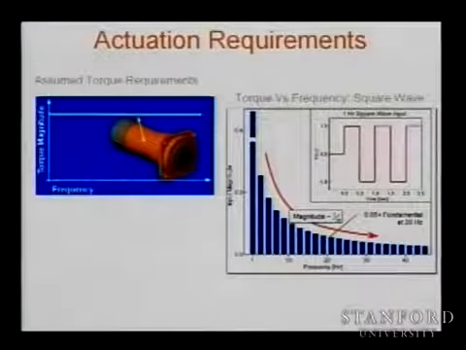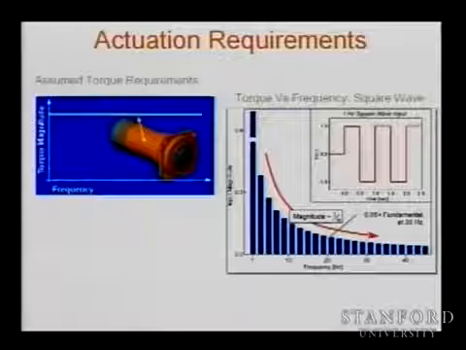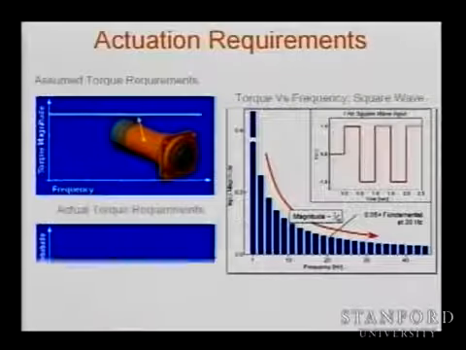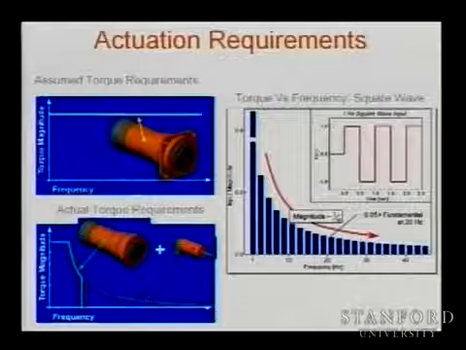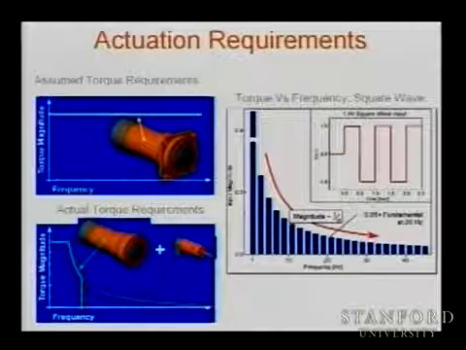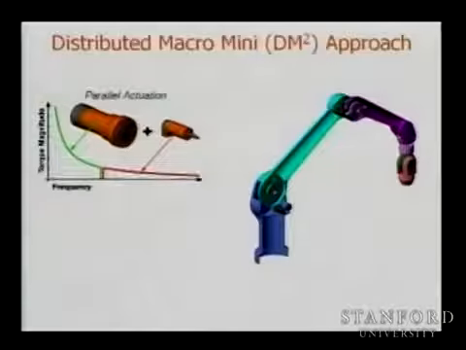Because if you think about the problem in the domain of control and the performance you need, the magnitude that you will need at high frequency is much reduced. So in fact, your requirements are large torques at low frequency and smaller torques at higher frequency, which means you can design your robot differently.